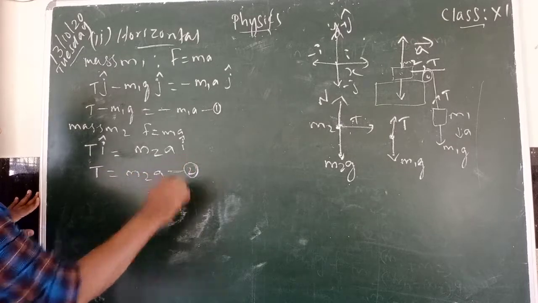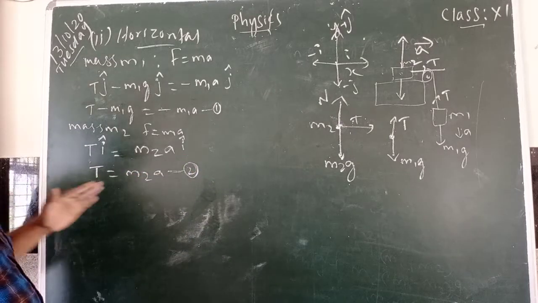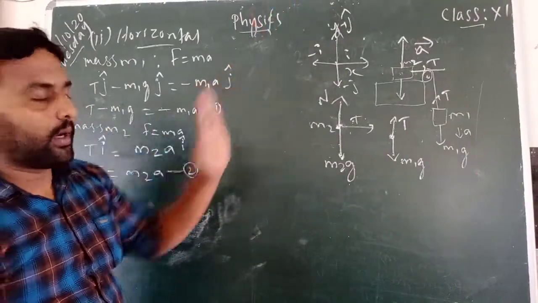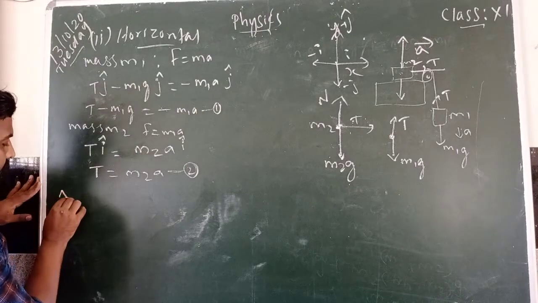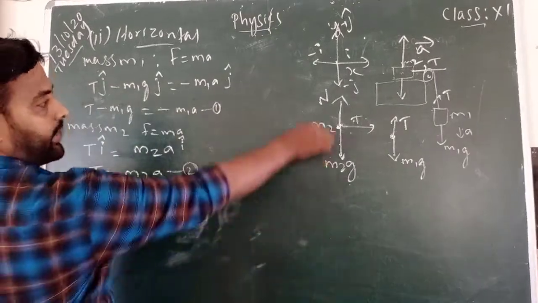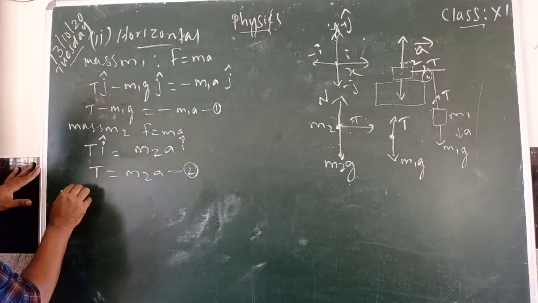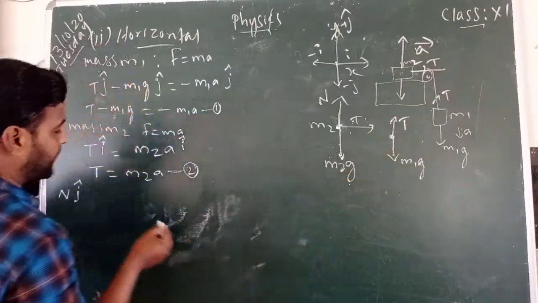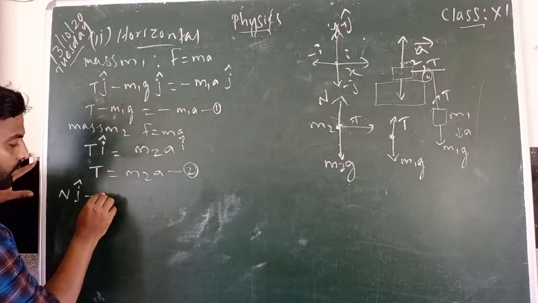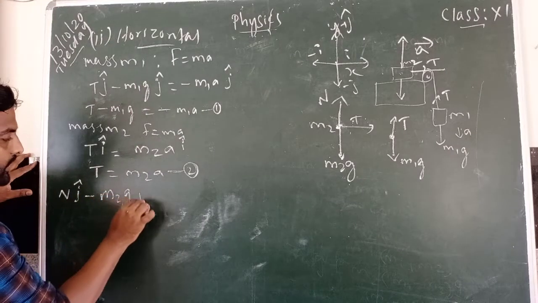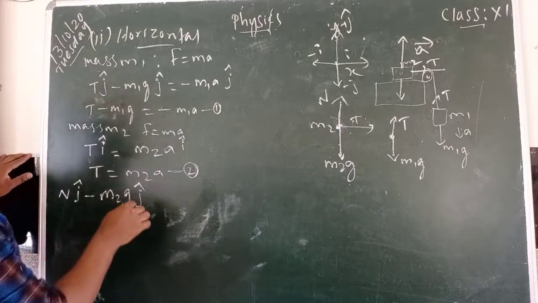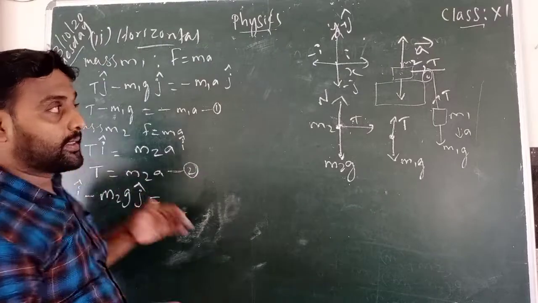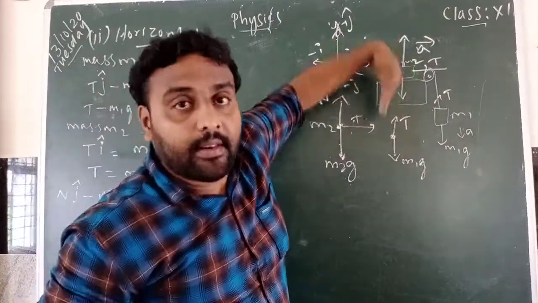This is equation 2. Now in this direction, upward N, J unit vector, and downward M2G, which is minus J. Is there any acceleration in this direction?